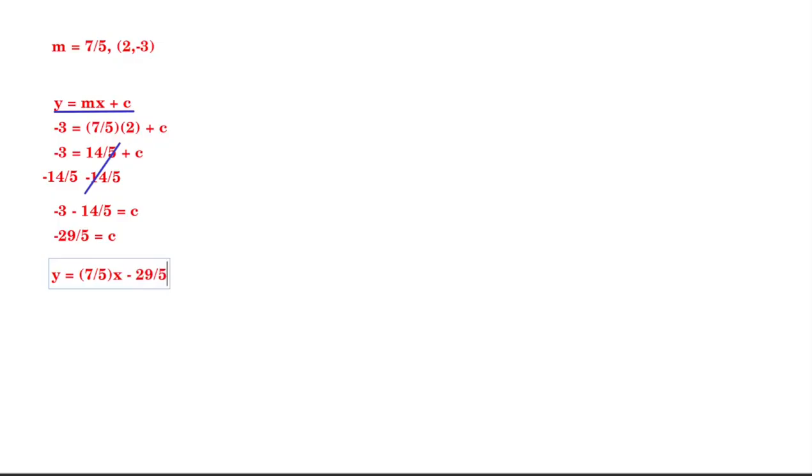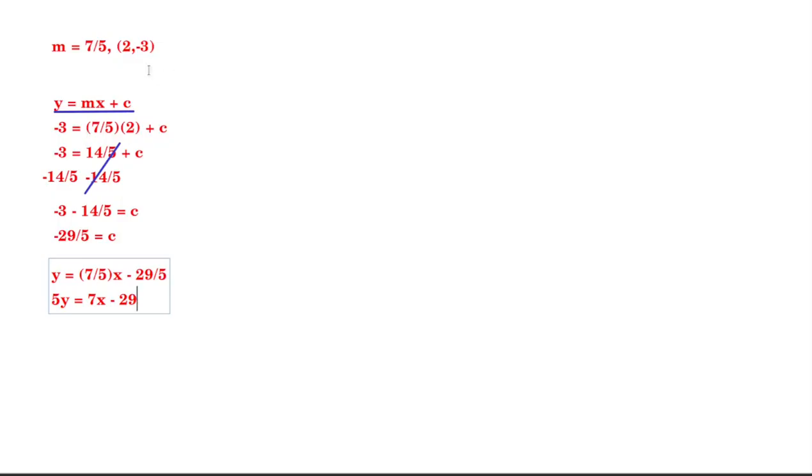That's the equation, which can also be written without a denominator by multiplying throughout by 5. Your 5y will be equal to 7x minus 29. That's the equation of the line.